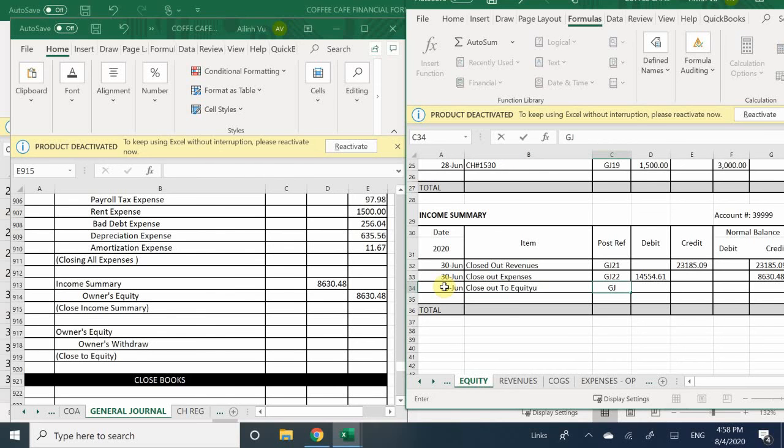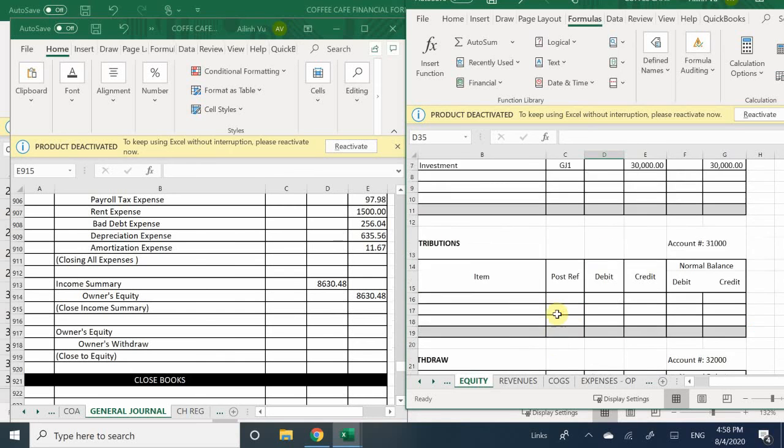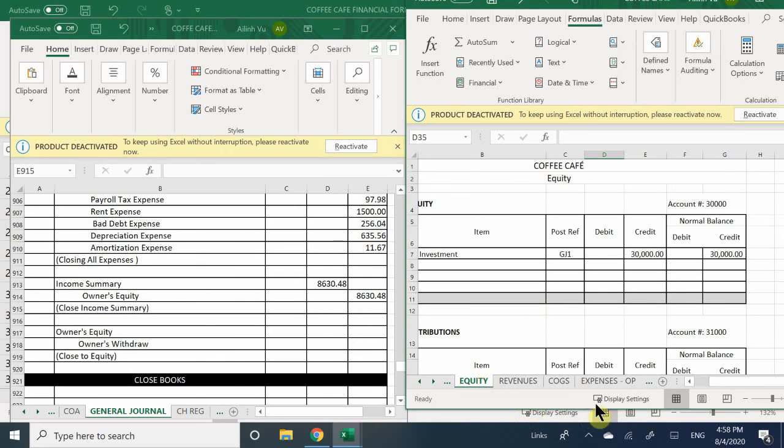Journal number 22. I'm going to debit the account for 8630.48, which should give me a running balance of 0. Okay. So here, if I pull this down, 0 is my answer. And now I can go ahead and bring this up to equity.